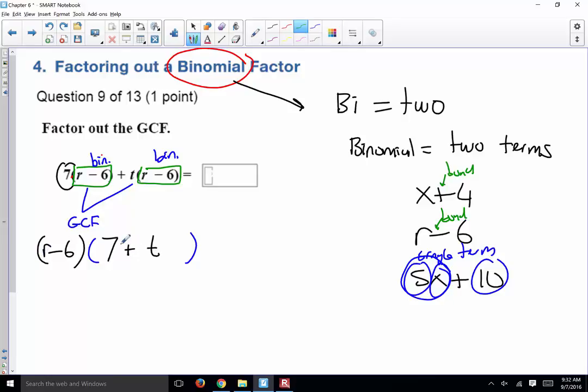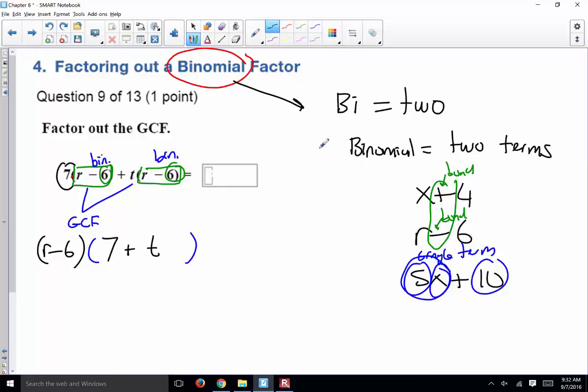As a block, you need to cut them out with scissors and move it away. That's the only way they go. I see this mistake a lot. People see 6 and 6 matching, they only bring 6 out and leave R inside. Impossible. Plus and minus is a bond between these guys, and they can never be separated.